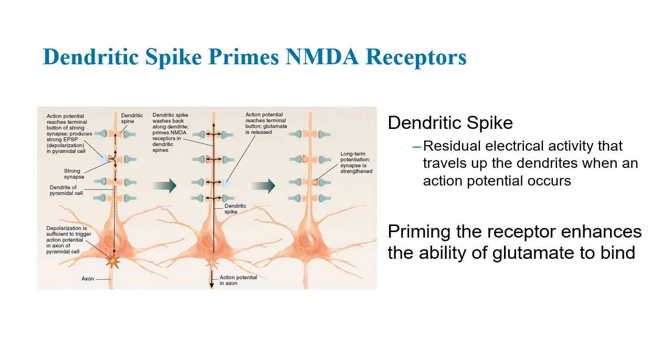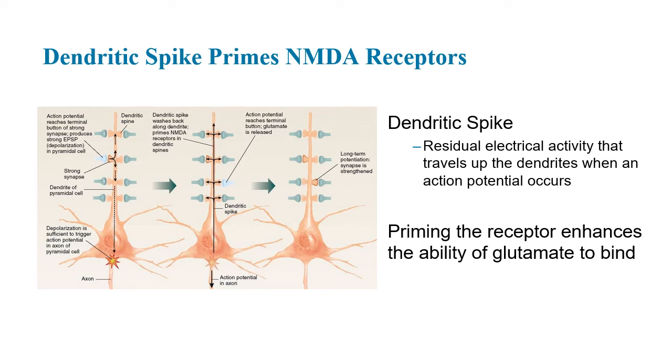Again, a visual representation of what I've already said, and that is that residual activity from the axon firing causes the dendritic spike, because it's essentially going backwards to the dendrites.